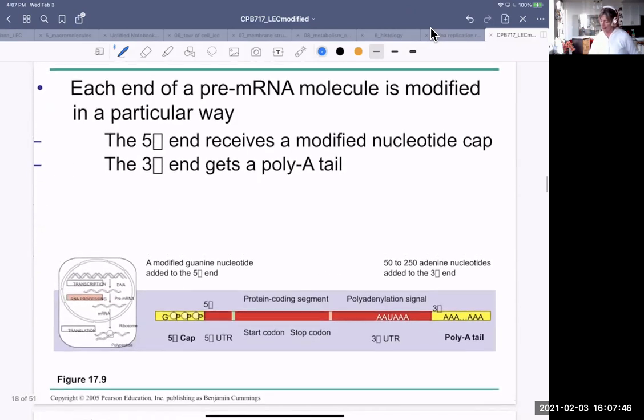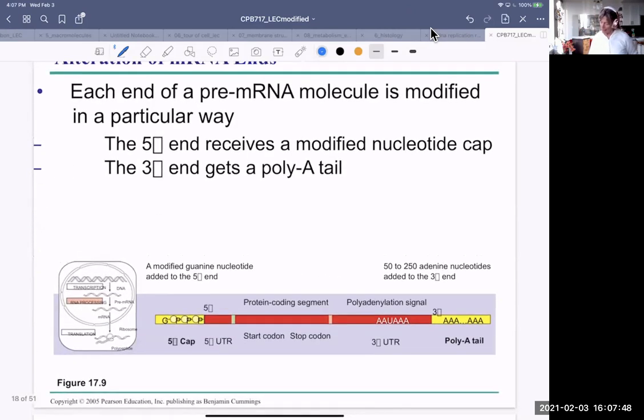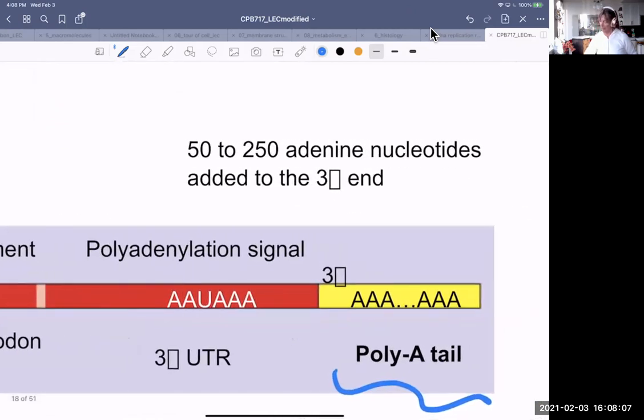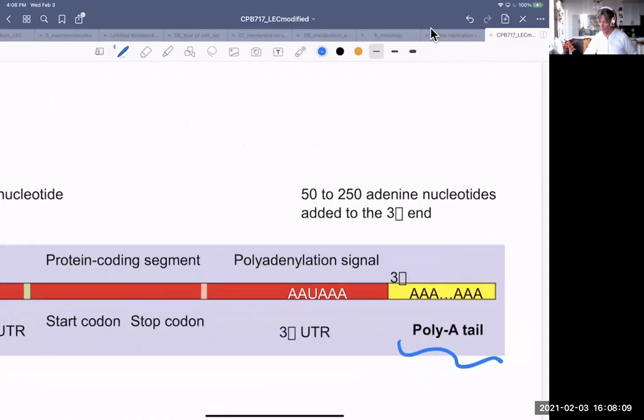So they're modified. The 5' end receives a nucleotide cap. It's a guanine cap. And the 3' end gets a poly A tail. That's a tail of adenines, just a bunch of adenines in a row. They don't code for anything.